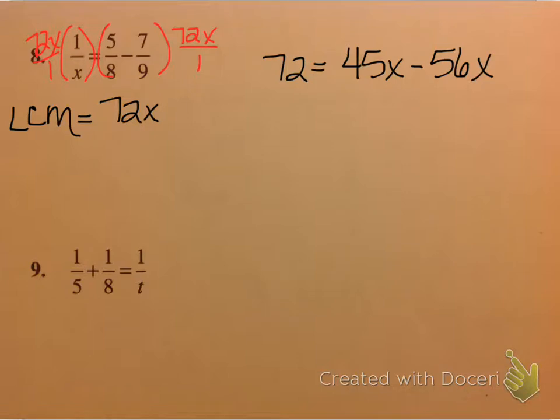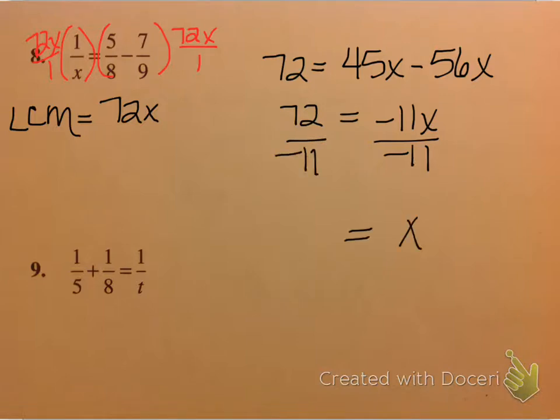So 45 minus 56 is going to be negative 11x. Divide both sides by negative 11, and that leaves me an answer of 72 over negative 11.